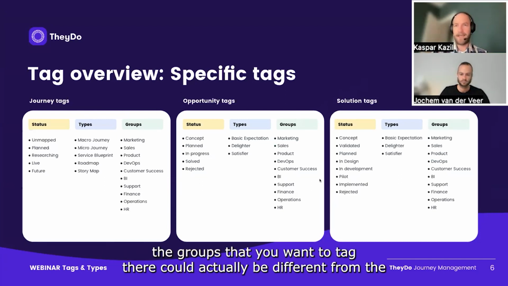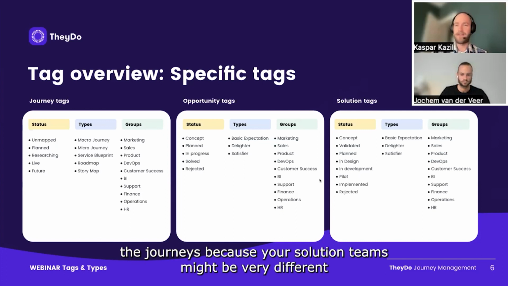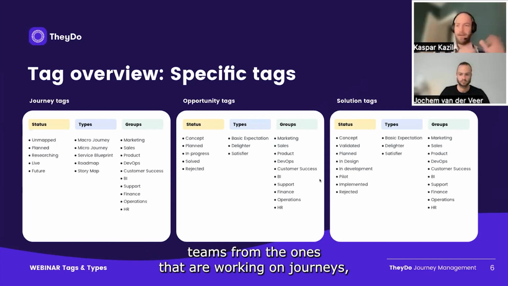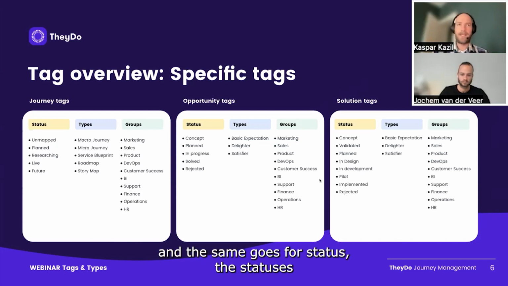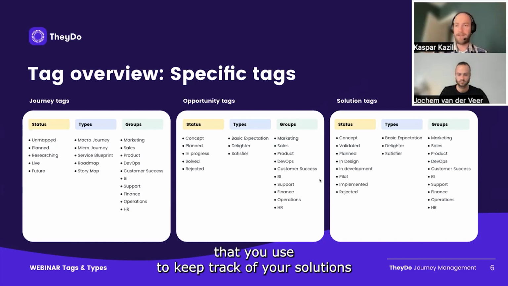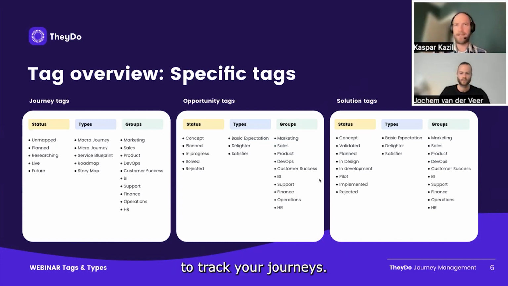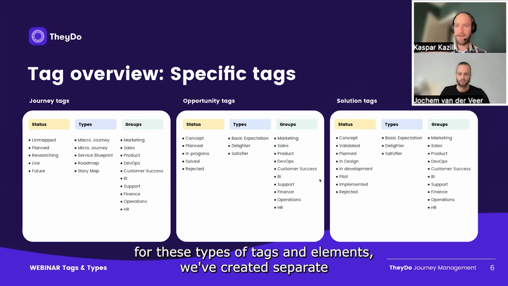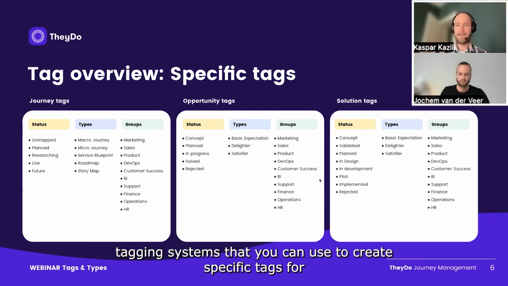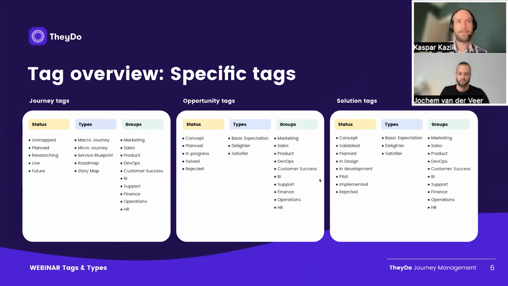The groups that you want to tag there could be different from the journeys, because your solution teams might be very different from the ones working on journeys. The same goes for status. The statuses that you use to keep track of your solutions can be very different from the statuses you use to track your journeys. For that reason, we've created separate tagging systems that you can use to create specific tags for these different elements.